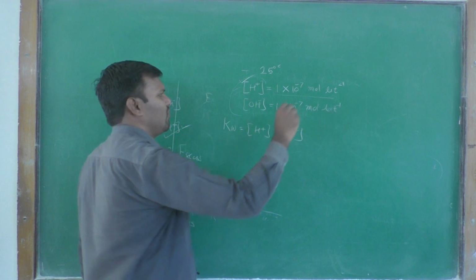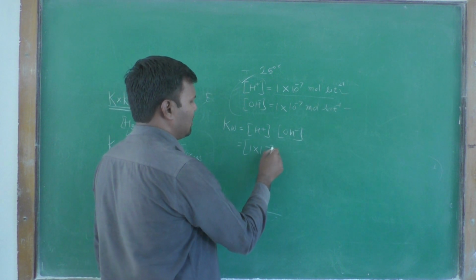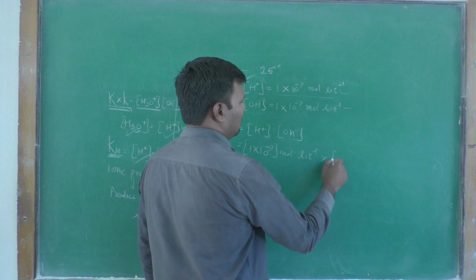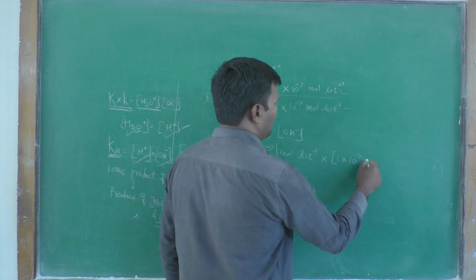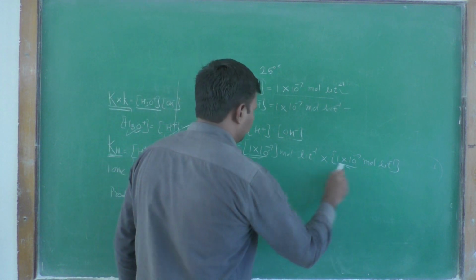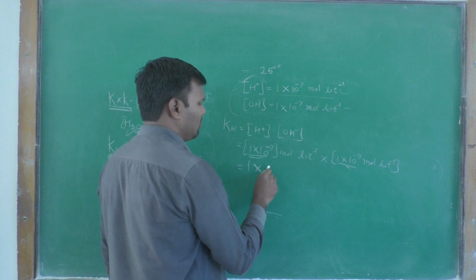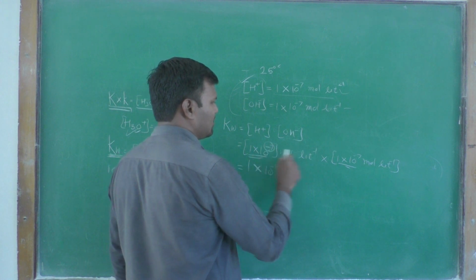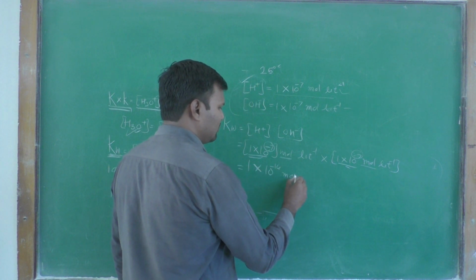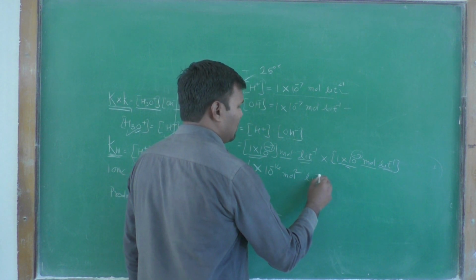Experimentally we found these values by putting them in: 1 into 10 raised to minus 7 mole per liter into 1 into 10 raised to minus 7 mole per liter. By the rule, summing this minus 7 and this minus 7, we get 10 raised to minus 14, mole into mole gives mole square, and liter minus 1 and liter minus 1 give liter minus 2.